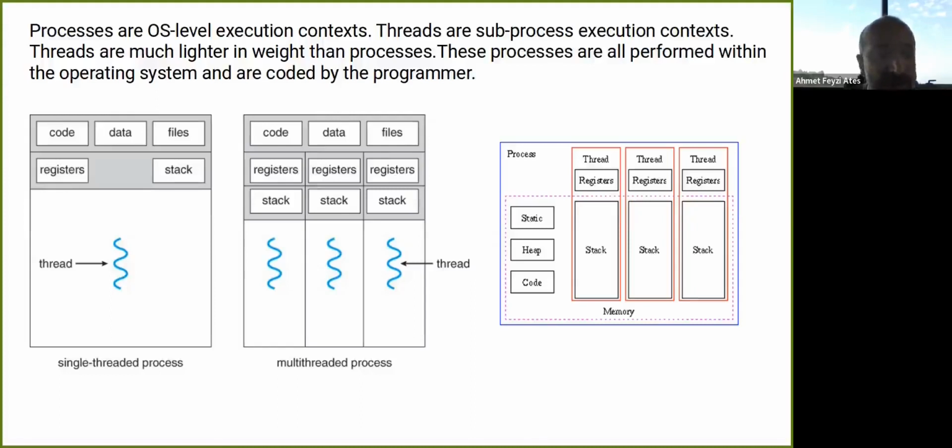On the left side of the screen, you see a single threaded process with code, data, and files. In the middle, you see a multi-threaded process. If you look at the internals of a process, you see threads have their own registers and stacks, but share static data, heap, and code of the process's memory. This is very important, and I think you already know those concepts from your operating system courses.